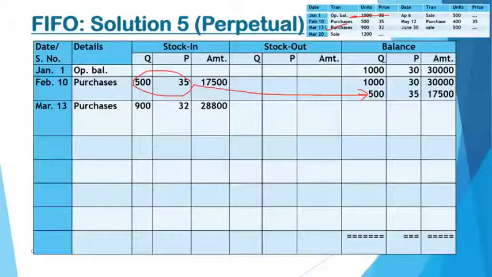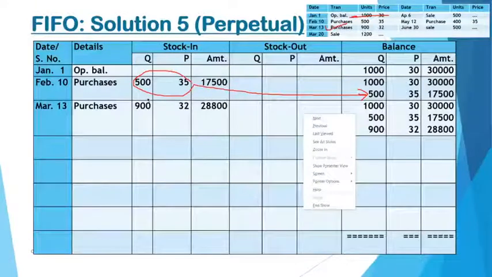Now you can understand how we will record the balance. Initially we have two lots, they will come as it is, and then this third lot will follow. We won't club it, we want the information in order. Suppose this lot was purchased not at 32, but at 30 rupees.